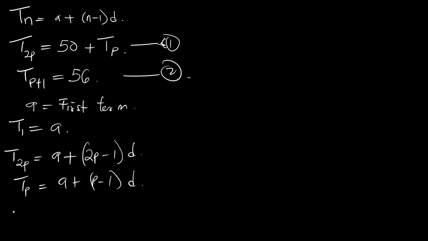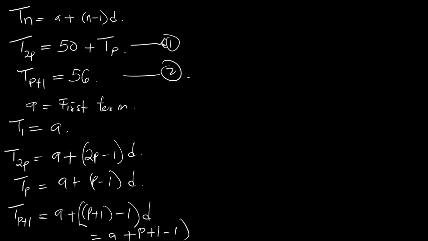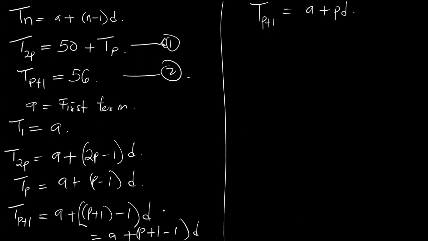Now we know that the p+1 term is equal to a plus (p+1 minus 1) times d. That means the p+1 term is equal to a plus p times d, because plus 1 minus 1 is 0.